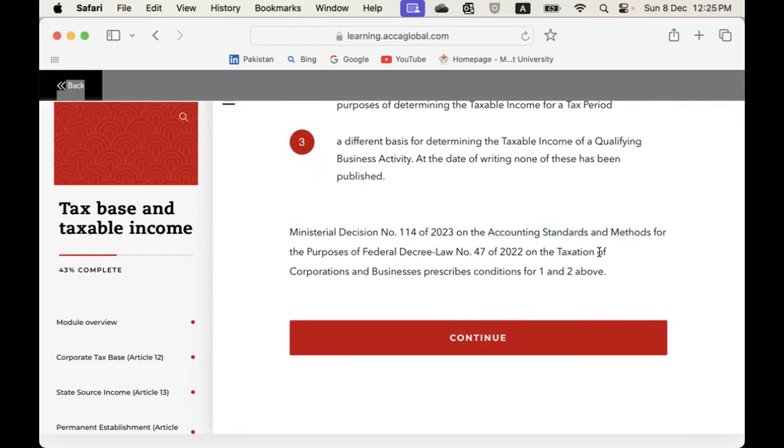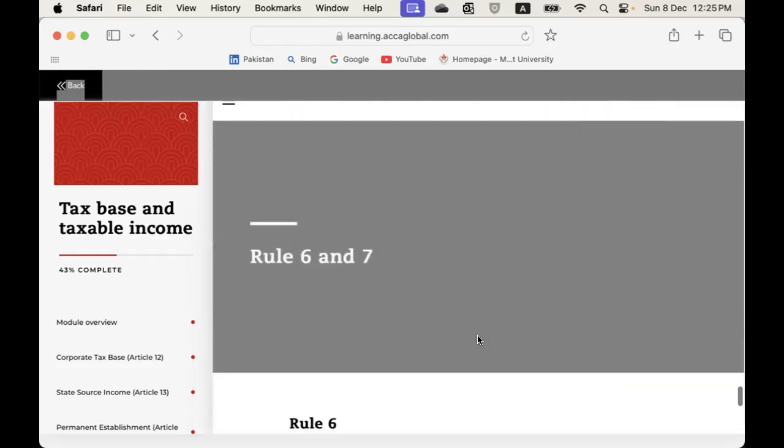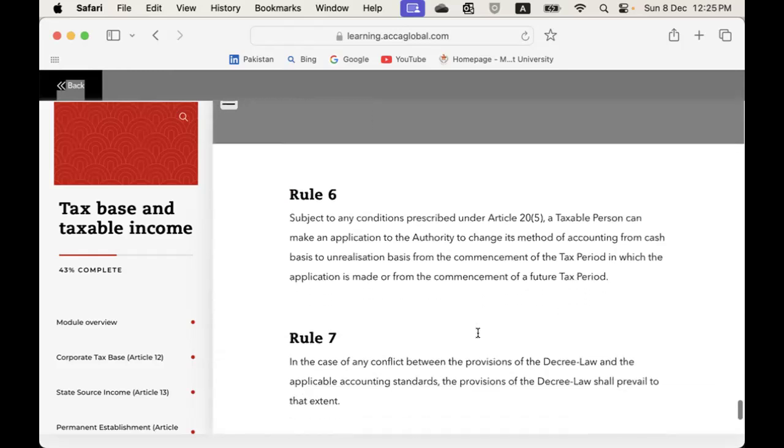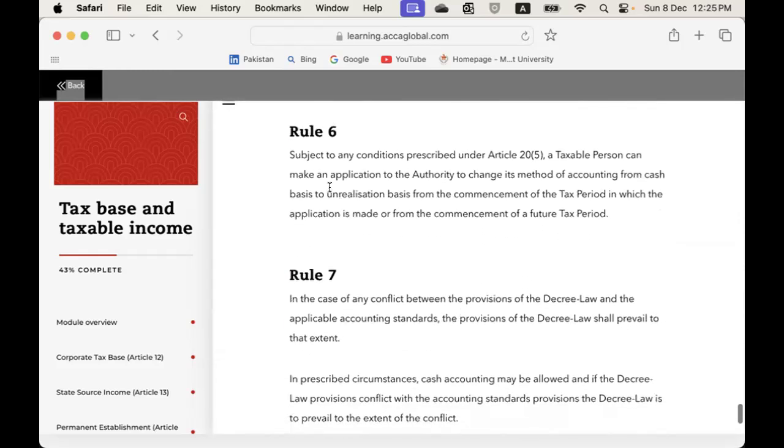So it details the provisions of how to record and whether any adjustment is needed. Rules 6 and 7, let us have a look at these rules as well.